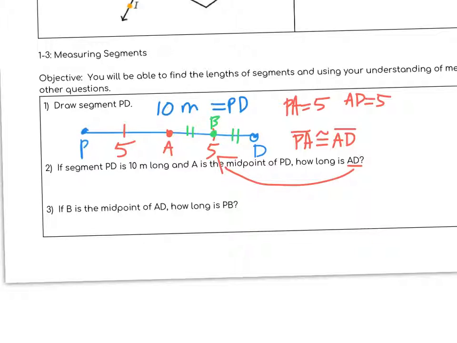Visibly, I'd see this with those tick marks, and notationally this would be AB is congruent to BD. I could also say that AB is equal to BD, and if the whole thing is 5, the only way I can get there is if each of these is 5 cut in half, which doesn't come out clean. That's a decimal. I can call that either 2.5 on both sides or 5 over 2. Those mean the same thing.